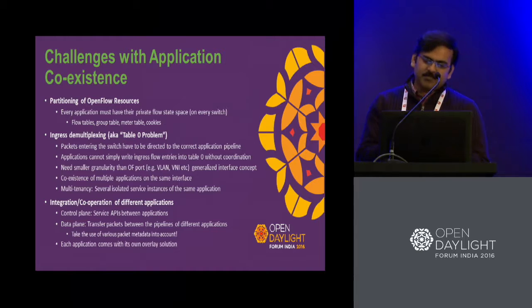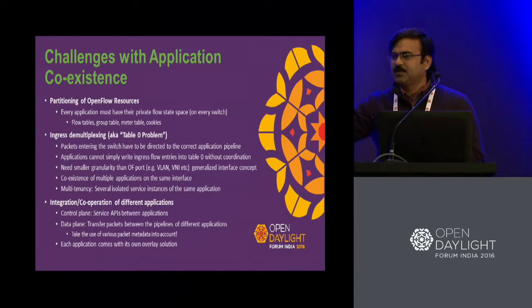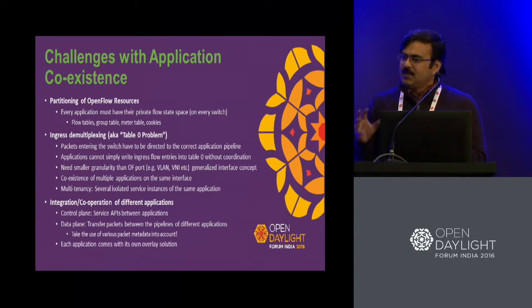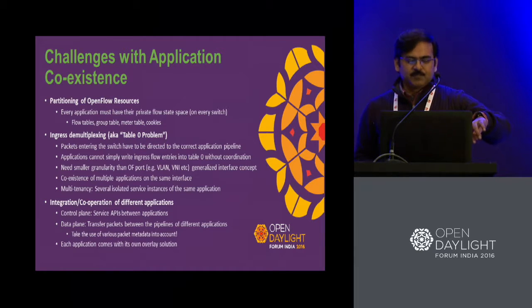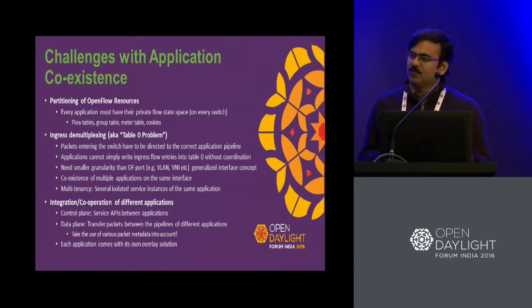So the problem was how you can allocate or assign a set of resources to one application so that it is not used by another application. This problem of resource sharing was the biggest problem in the beginning, and the resource manager framework that Genius provides solved this problem.